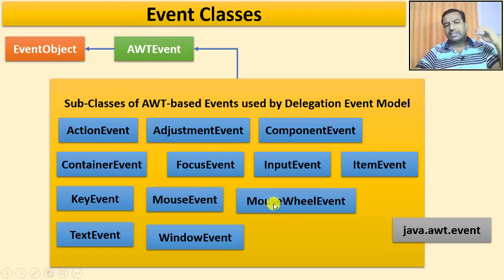These are a few classes. There are many more, but just the few important ones we need to build a basic applet program, which is a GUI based Java program.